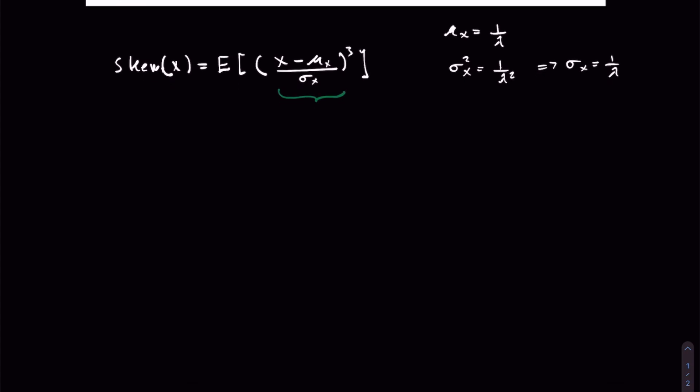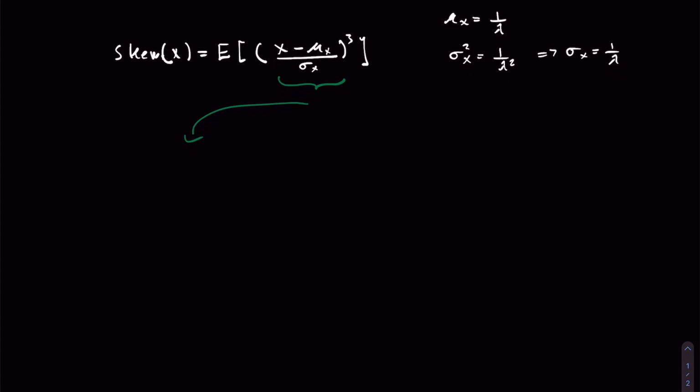So this inner term will be, let's just write it up here, X minus 1 over lambda, and then 1 over lambda here, all to the power of 3.